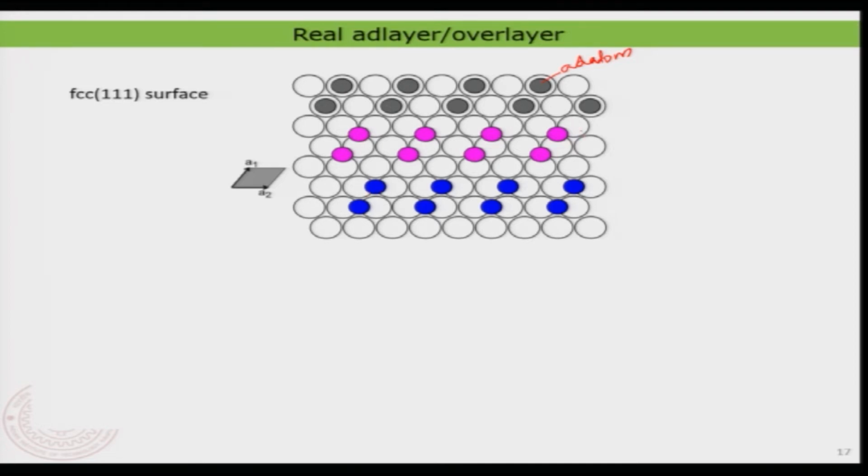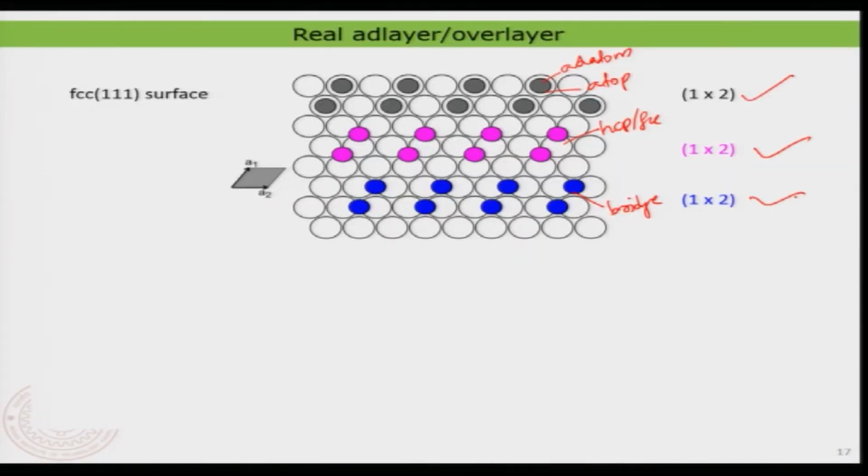So, here I have an add atom at the atop site, here at the HCP or FCC site, and here at the bridge site. So, all possibilities are there. But now the question you would ask, are they different? No, they are not different, they are all the same, they will all be a 1 by 2 supercell, as you would imagine.